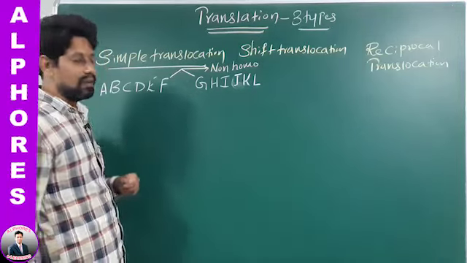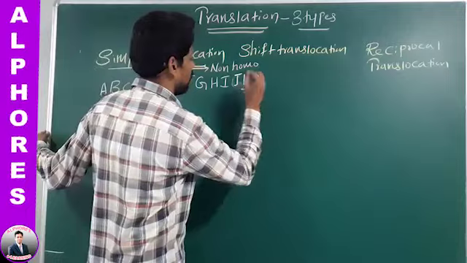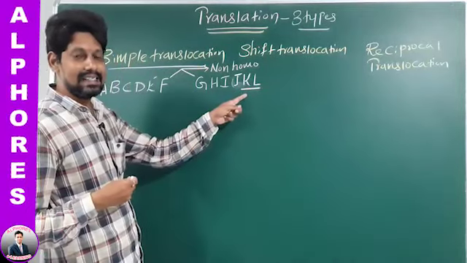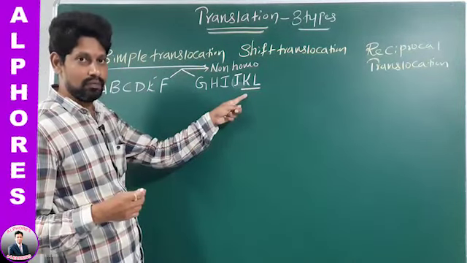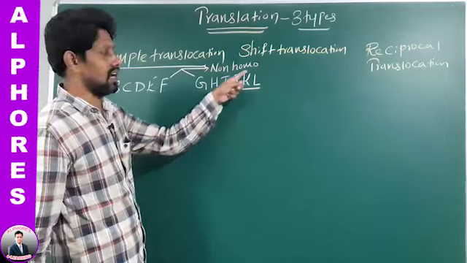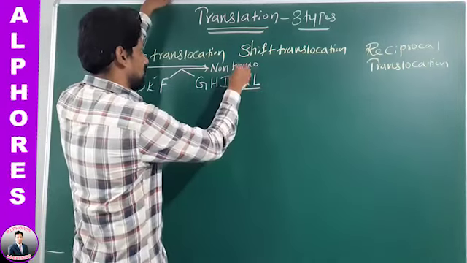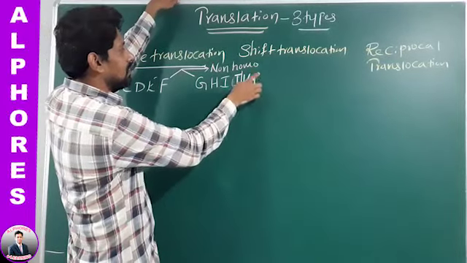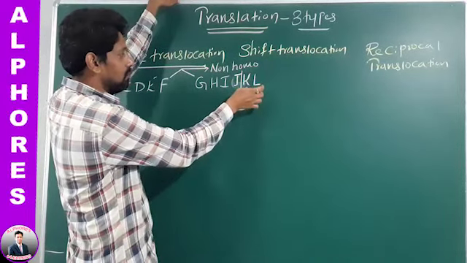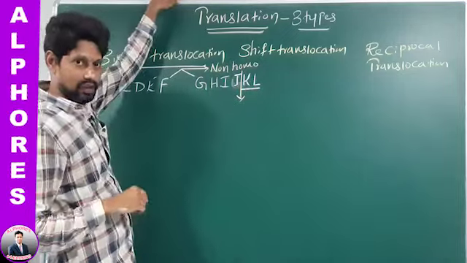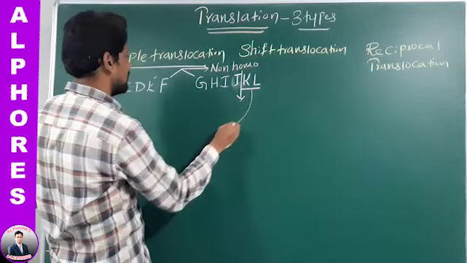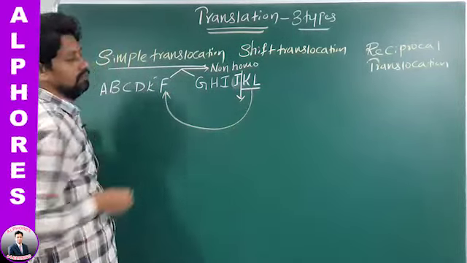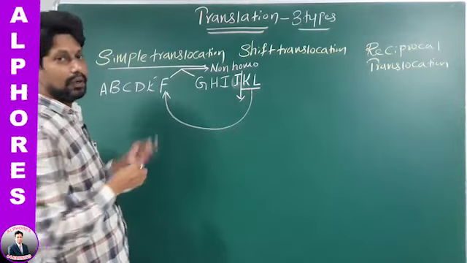Here what happens is a segment of chromosome from the ends gets removed, lost. See here, this is a segment of the chromosome lost from the end of the chromosome. This segment comes and attaches to this chromosome.